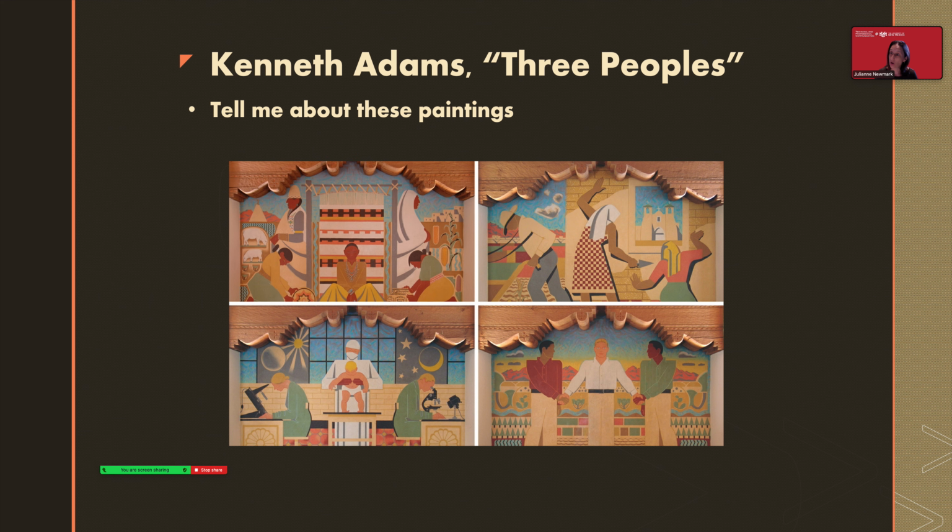These are in our own Zimmerman Library at the University of New Mexico, and they were painted in the first third of the 20th century as part of a Works Progress Administration public art project. They are intended to convey the history of New Mexico and a somewhat mythologized tricultural history: Hispanic people, Indigenous people, and Euro-American people. And you can see how all of these people are depicted in these murals.